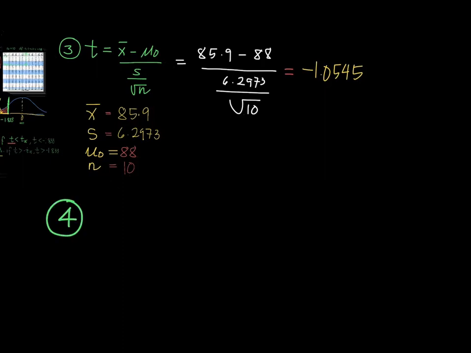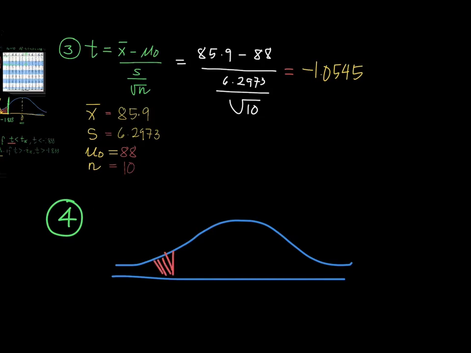So now we go to step number 4, and we immediately compare this number to the critical value. As with our diagram, the critical region is on the left with the critical value of negative 1.833.